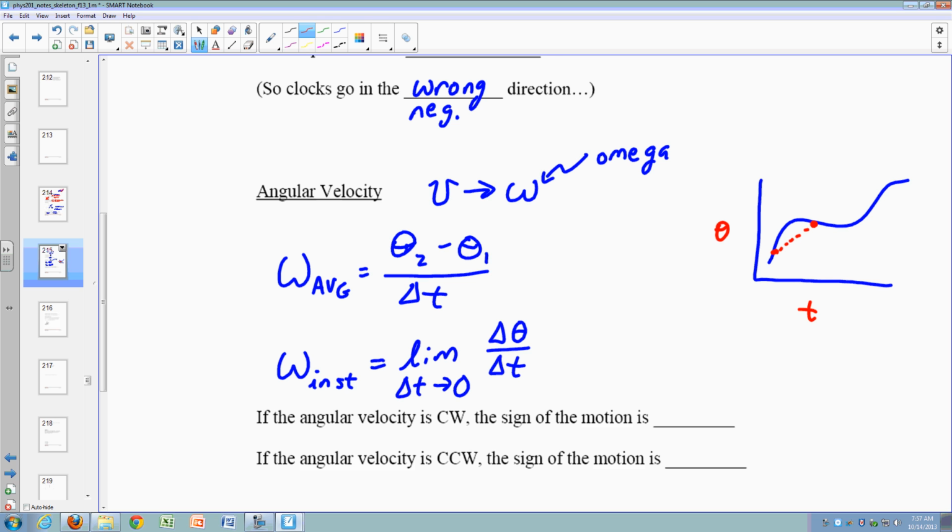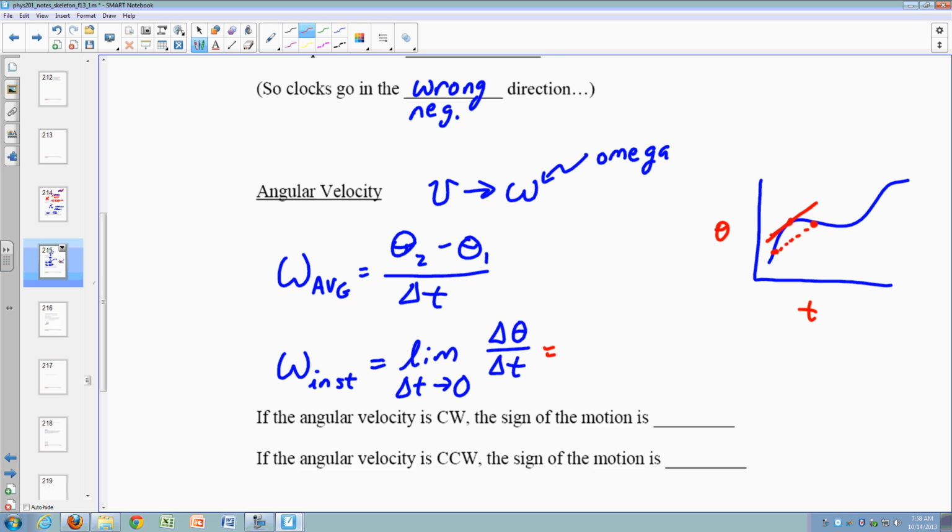But then if I let that time interval get really, really small, then I can find the instantaneous velocity here. So when I let delta t get small, that's just going to be the slope of this line, delta theta over delta t. But of course, this is the definition of what? The limit as delta t approaches 0.